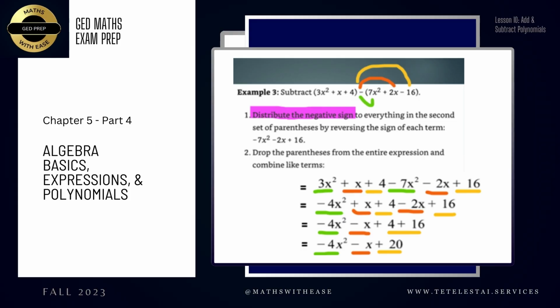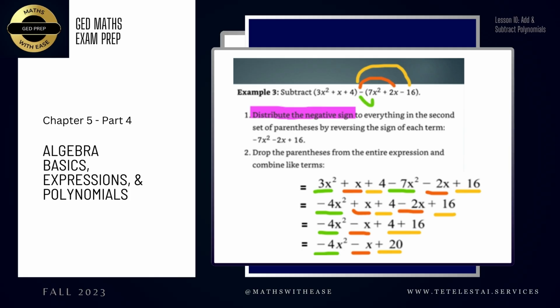Remember from our lesson on signs that when you multiply two negative signs with each other, the outcome is positive. So that's where this +16 is coming from. Now that we've distributed our negative sign, we're going to drop the parentheses from the entire expression and then combine like terms, okay?